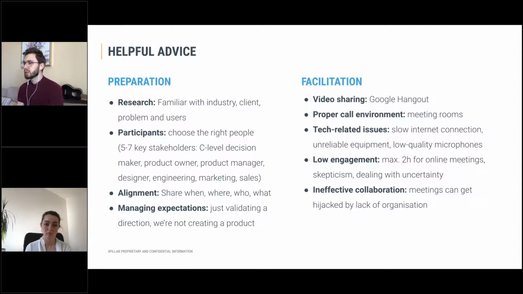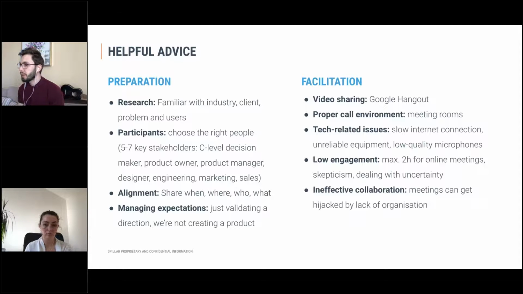Also, for a successful design sprint, you would need to choose the right people that will be there in the workshops, meetings, and so on. So usually we would pick between 5 and 7 key stakeholders, whether that's a C-level decision maker or a product owner, product manager, and so on.